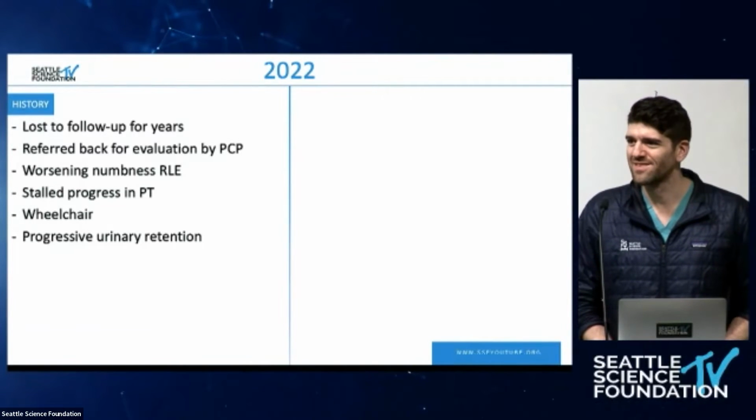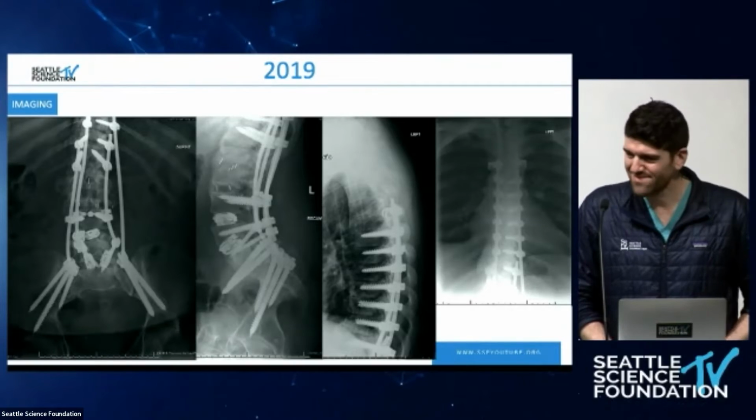I think one of the difficulties in this case, and this is actually my patient, is that we probably should have done an interbody fusion, and he just didn't heal his lumbosacral junction.